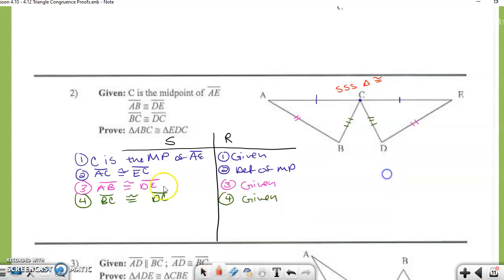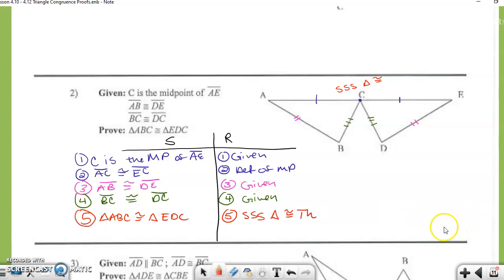Once I had all my notation on the triangles, I could visualize that my triangles ABC and triangle EDC were congruent. And I could see that it was from the side, side, side triangle congruency theorem.